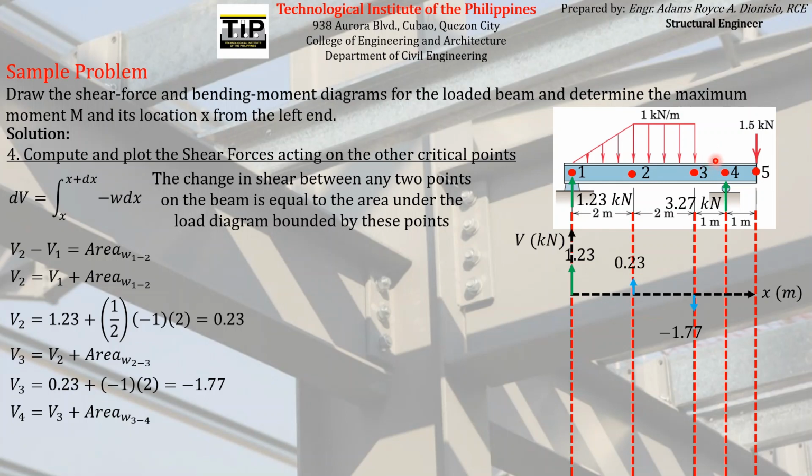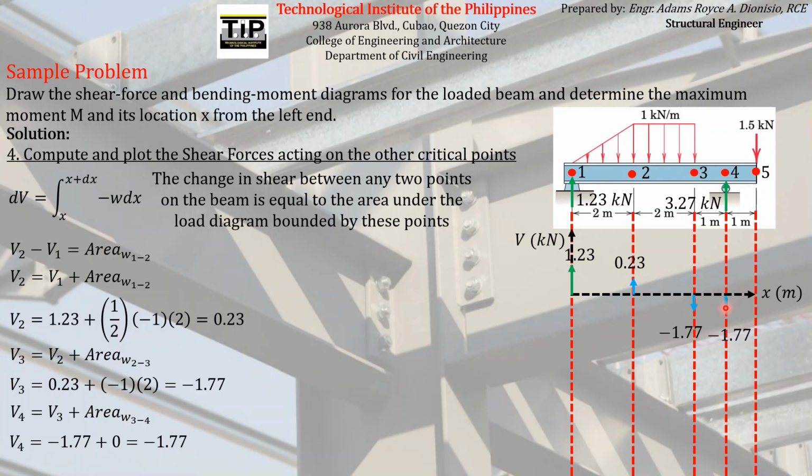And you can see that there is no load between point 3 and point 4. So what does that mean? It just means that there is no area to be added to shear 3, which is negative 1.77. Therefore, the shear force is just equal again to negative 1.77.